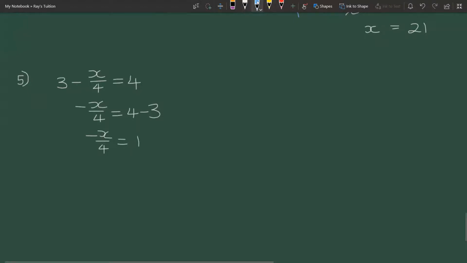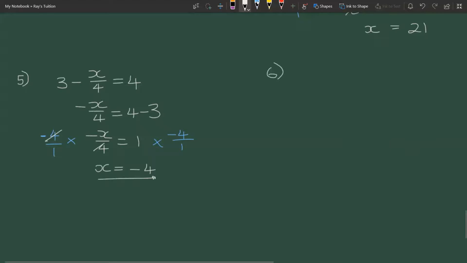So what will we have to multiply both sides by? Well, if the 4 is in the denominator, we're going to need a 4 in the numerator, and always over 1 if there's nothing else, and then a minus to get rid of that minus. And what we multiply on the one side, we also have on the other side. And then the 4s and the negative cancel out, just leaving us with x. And 1 times minus 4 over 1 is minus 4.